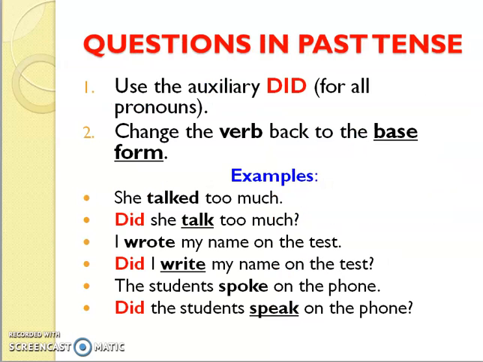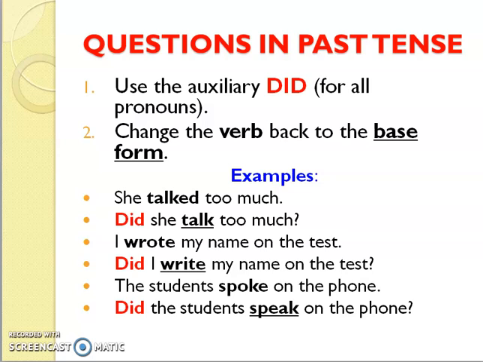Questions in past tense. In past tense, we should use the past simple tense of do. It is did for all pronouns, plural and singular. Use the auxiliary did. Change the verb back to the base form.